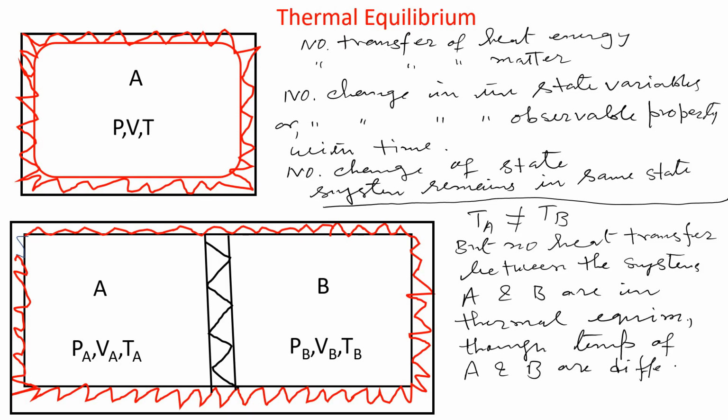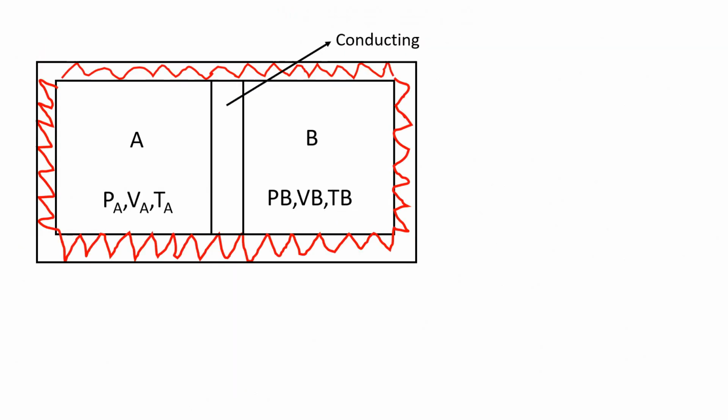They are in thermal equilibrium because there is no heat transfer, and for each system the temperature remains the same, with no change with time. Now coming to this system.